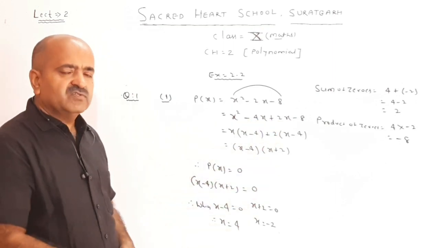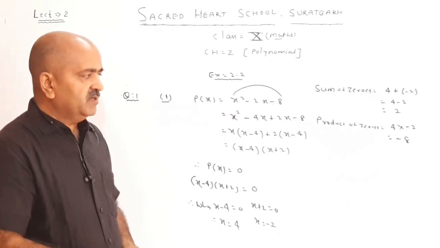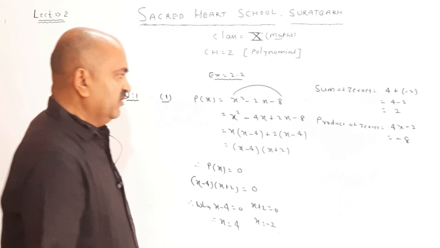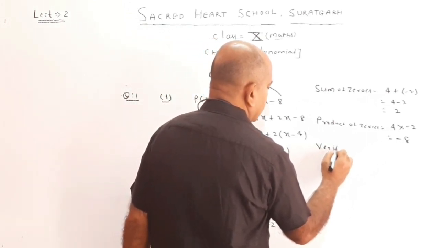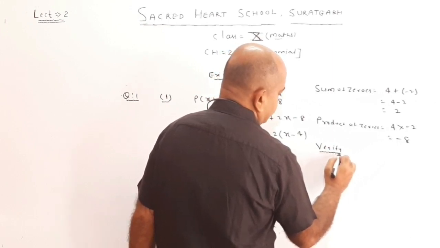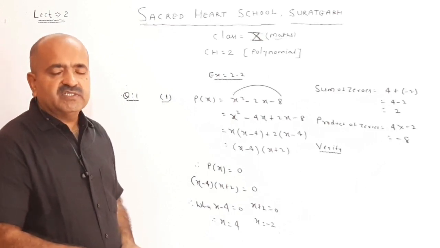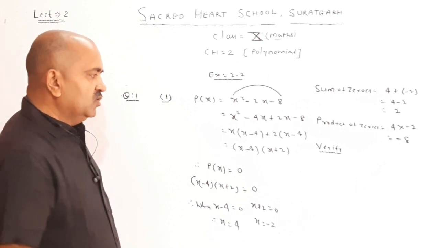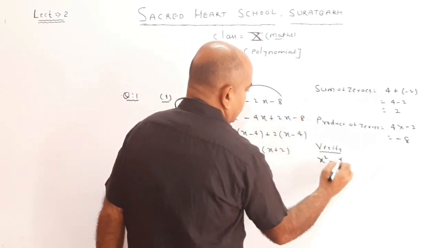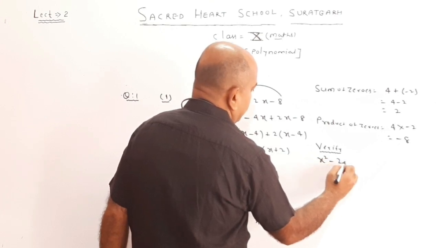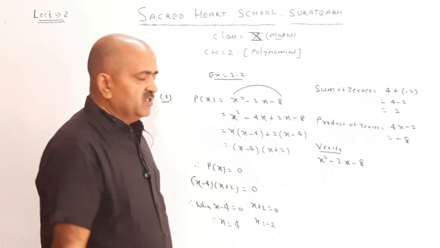But students, in this question it mentions verify relationship between the coefficients. Now students, verify. If we verify the relation, we are using the relationship between the coefficients. So first we write the polynomial x square minus 2x minus 8.